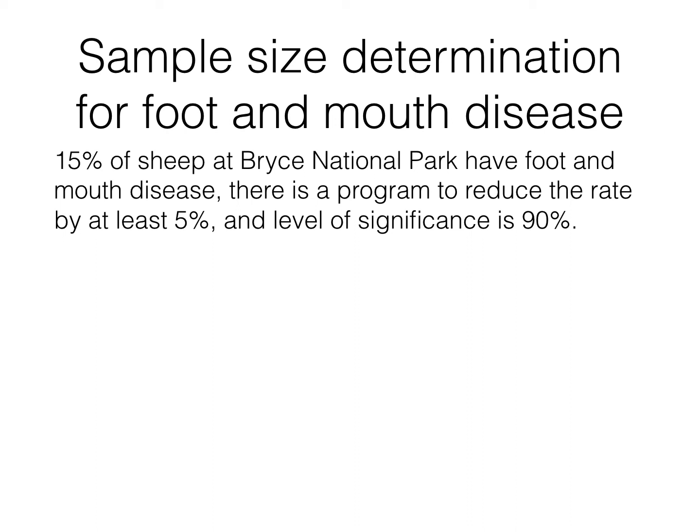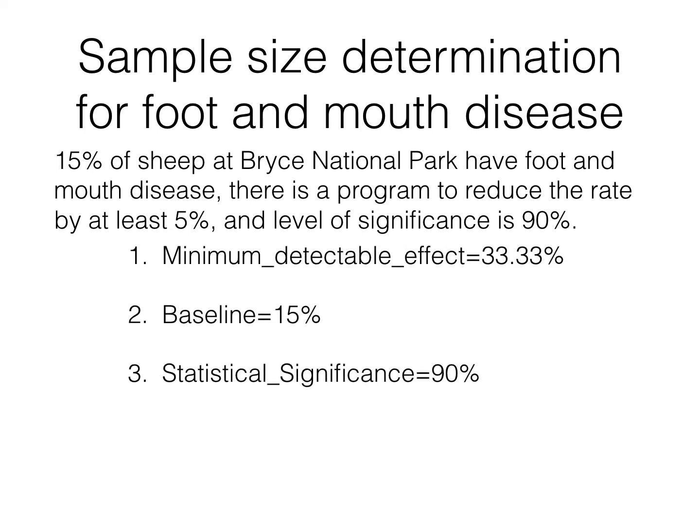We set the minimum reduce rate at 5%, and the level of significance is 90%. Therefore, we have the three key values to calculate the sample size per variant. The minimum detectable effect is 33%, the baseline is 15%, and the statistical significance should be 90%.